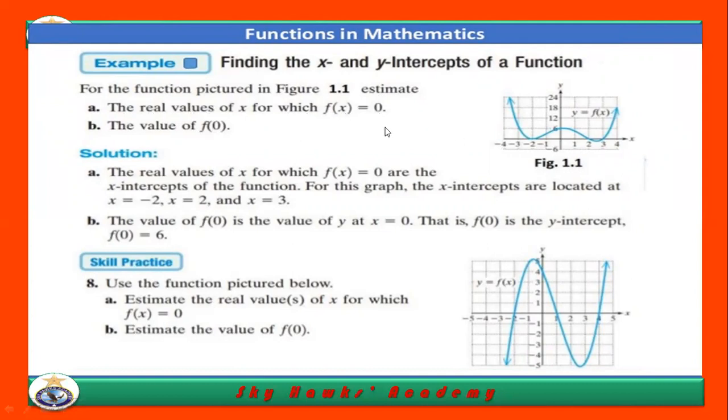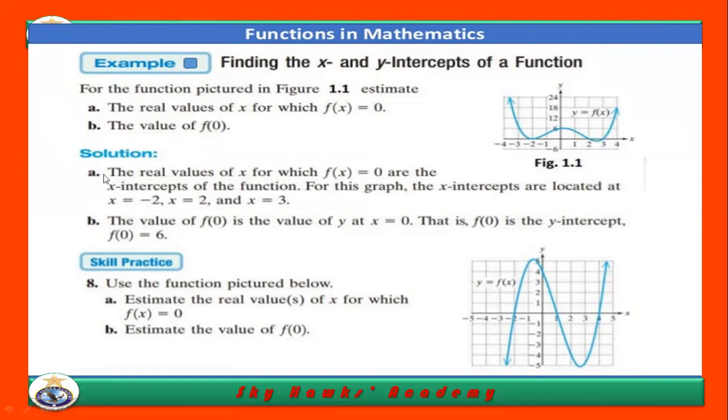You can see this is the y-intercept, because this curve is intercepting the y-axis at this point. And similarly, it is touching over here on the left hand side and touching twice on the right hand side.